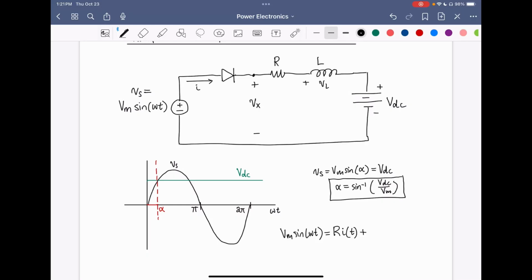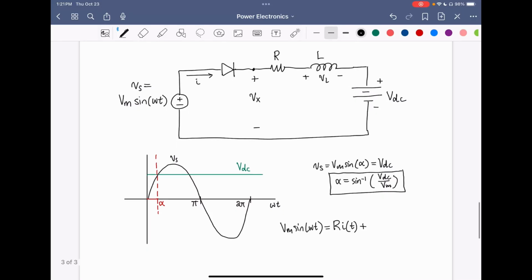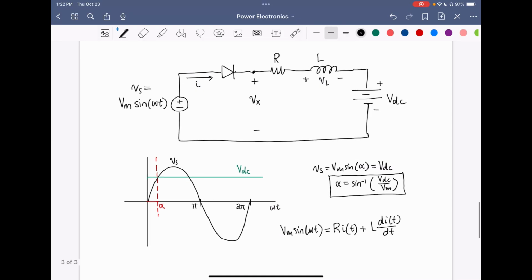The voltage drop across the inductor VL is equal to L di(t)/dt, plus the voltage drop across the DC voltage source, which is plus VDC.